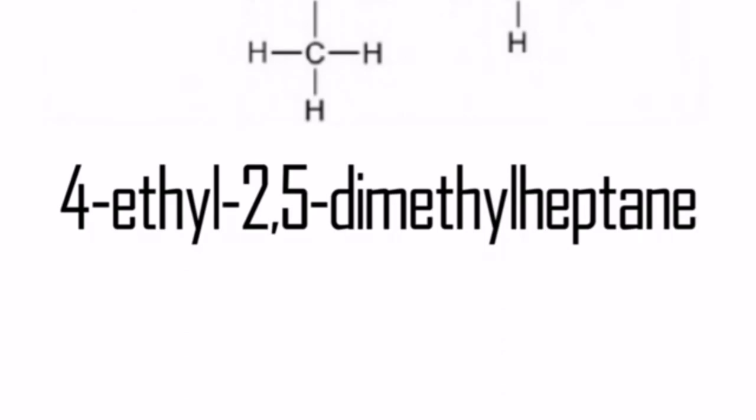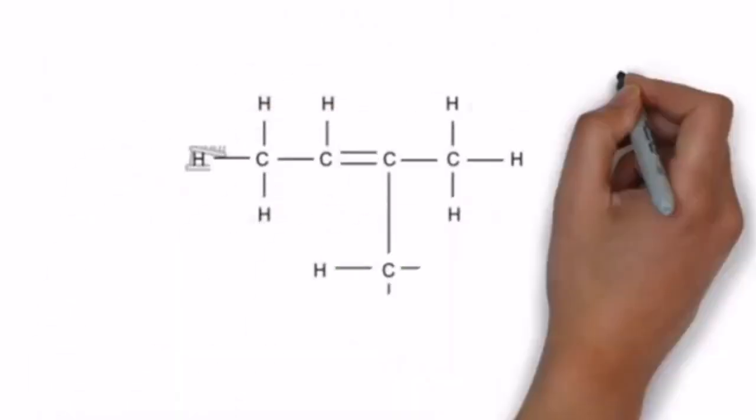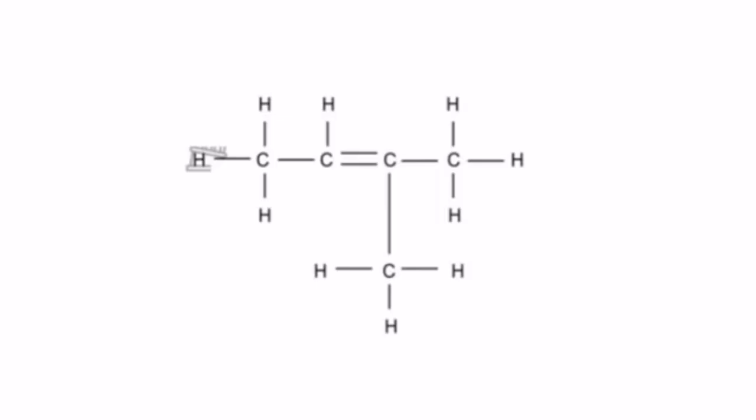Yeah, so I think we'll move forward, guys, because we're done giving the IUPAC name of these alkane structures. Now, this structural formula of this compound: how many carbon atoms do we have? A straight chain, we have 4 carbon atoms. And in which carbon atom does the double bond lie?